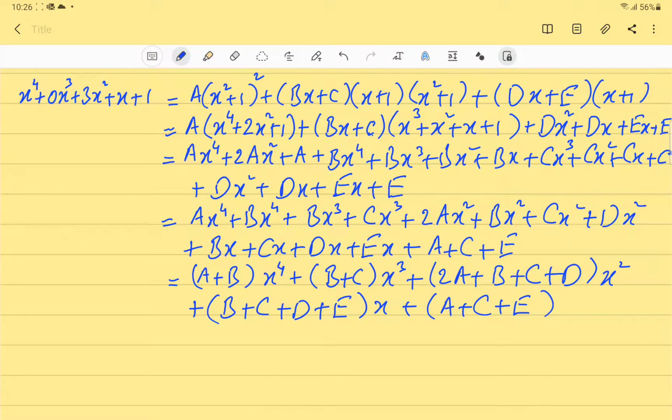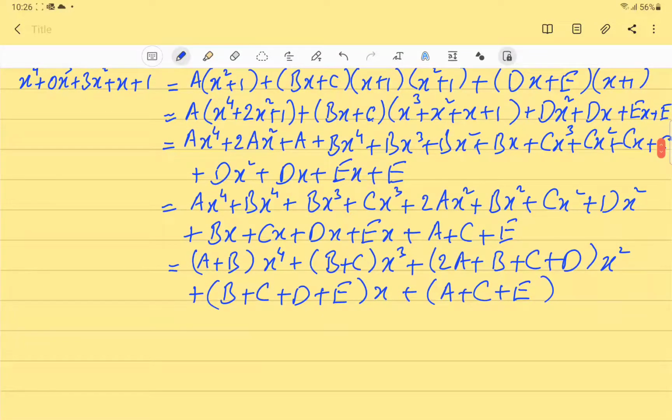Okay, we have already found a is equal to 1.